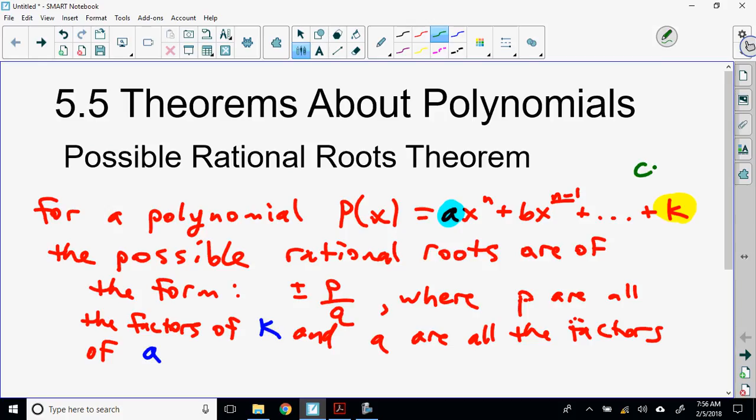So this k represents the constant, and a represents the leading coefficient. So if you see a polynomial and you'd like to say to yourself, I wonder what its possible rational roots are, all you're going to do is look at the constant, find all the factors of the constant, look at the leading coefficient, find all the factors of that, and just write them out in fraction form.